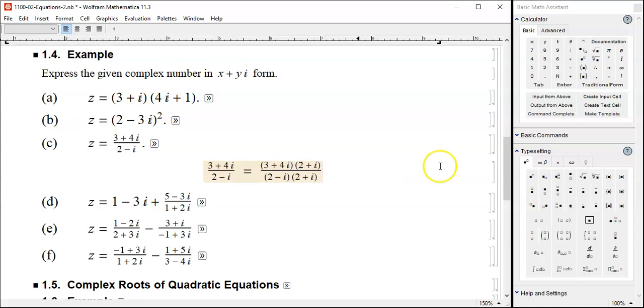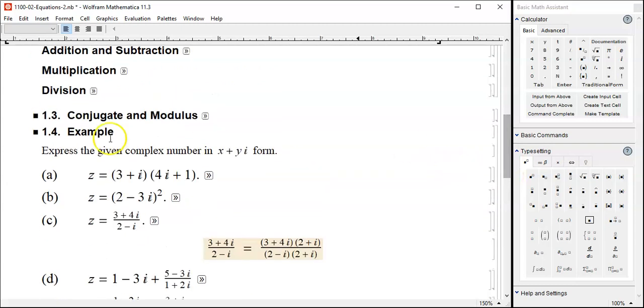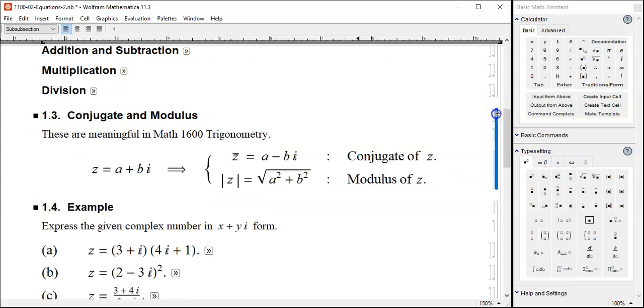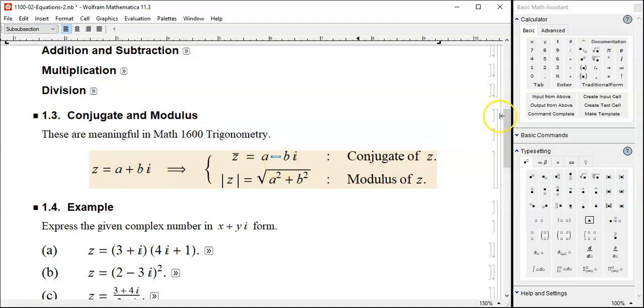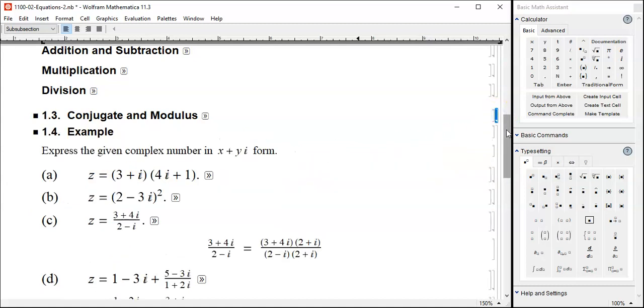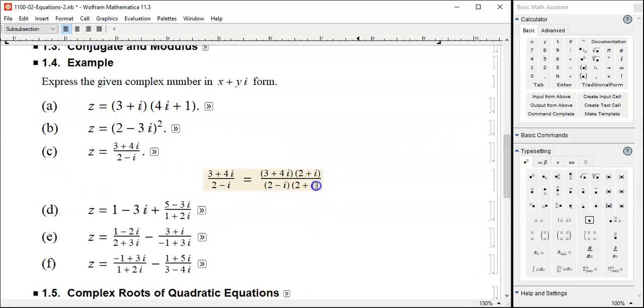And this kind of number is called the conjugate. And it is basically the sign change. If you have a plus bi, change to a minus bi. If this is already negative, change to plus. Basically, the sign change on the imaginary part. That's what I did here.